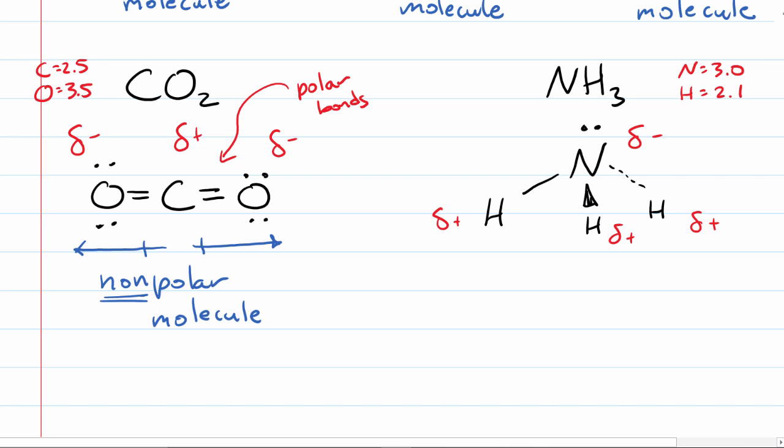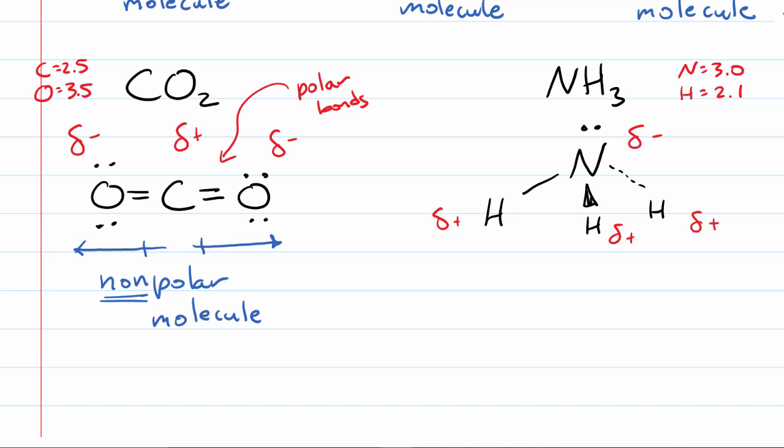And again, the criteria is if you can use a plane. Well, we can use a plane because it should be very obvious here that these hydrogens are on one plane, and we can separate it with the plane here, putting this nitrogen on a different one. And if we can use a plane to separate all the partially positives on one side, the partially negatives on the other, then you have a molecule that is polar.